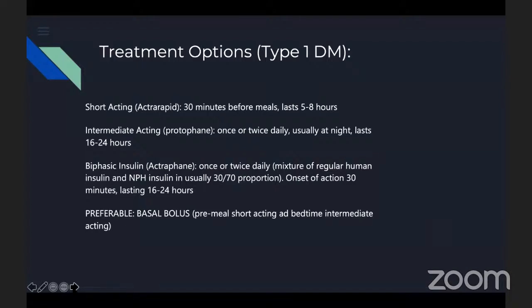This entails pre-meal short-acting insulin, injected before each meal, as well as a bedtime intermediate-acting insulin, injected before bedtime to keep them going over the night. Next slide, please.